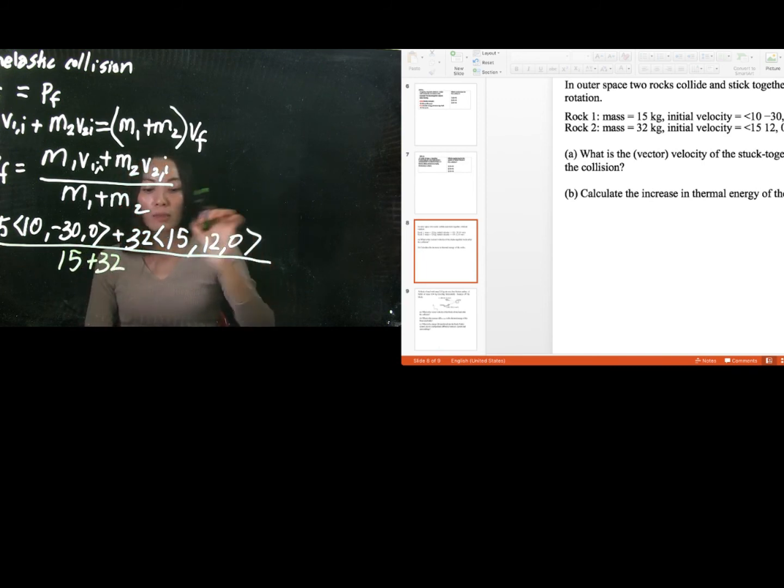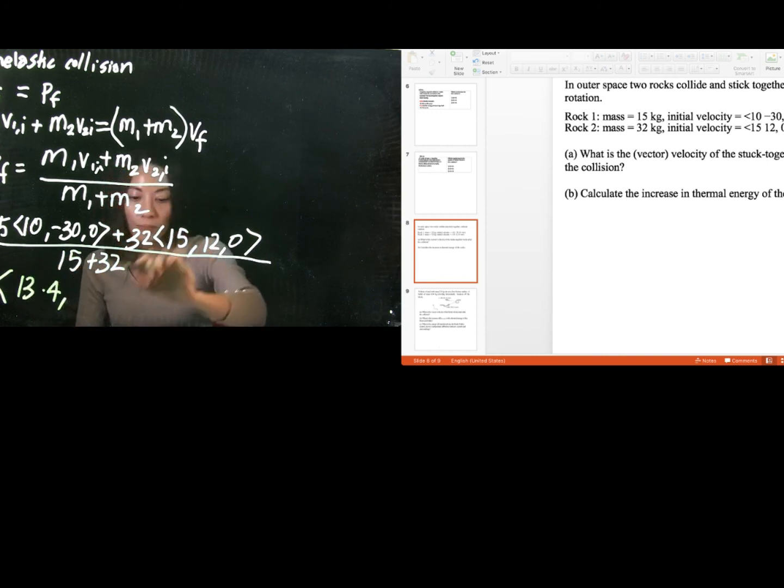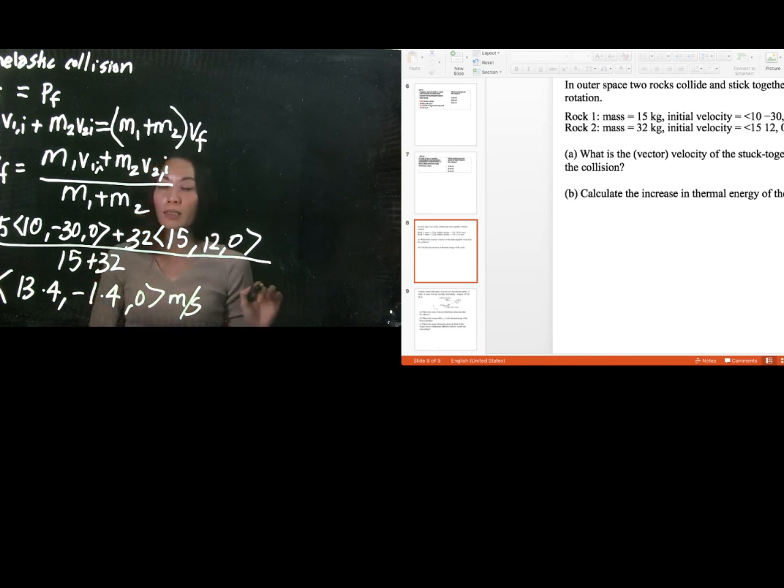So that gives us a final answer of (13.4, minus 1.4, 0) meters per second. So that is the final velocity of the combined masses after collision.